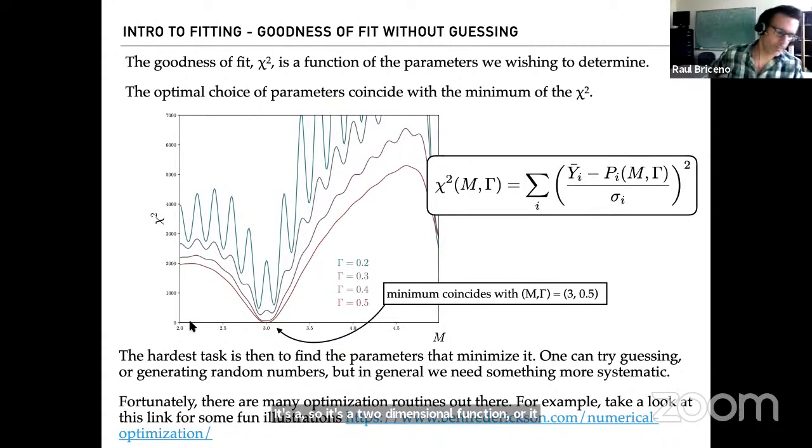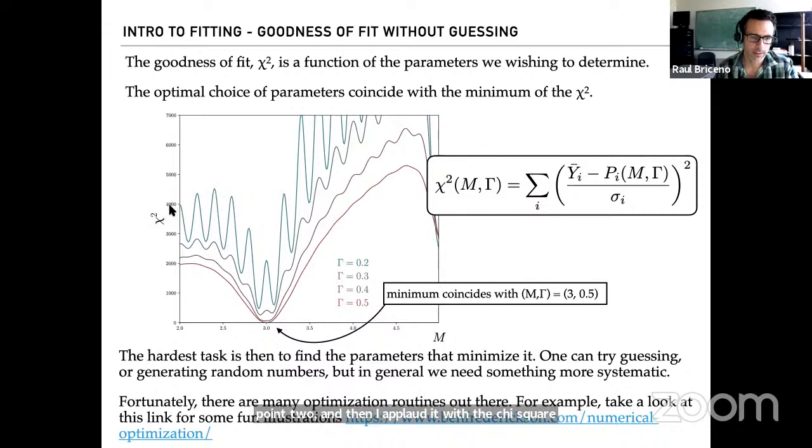We could do contour plots if we wish, but I chose against it because I find that sometimes contour plots are hard to read. We know that the data was generated using m of 3 and gamma of 0.5. So what I did here is first pick gamma of 0.2, and then plot what the chi-squared was for all these values of m.